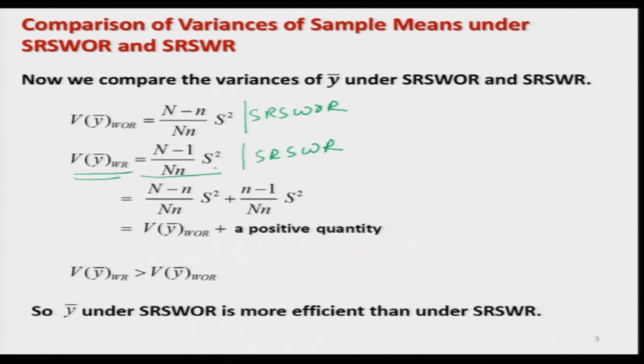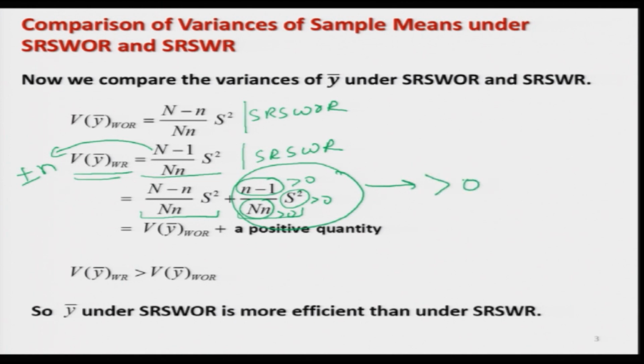In the numerator I add and subtract small n. So I can write this expression as (N minus n) upon N times S square plus (n minus 1) upon N times S square. Now small n minus 1 will always be greater than 0, obviously meaning sample size cannot be 1, and capital N and small n are greater than 0, and S square is also greater than 0. So this entire term is always positive.